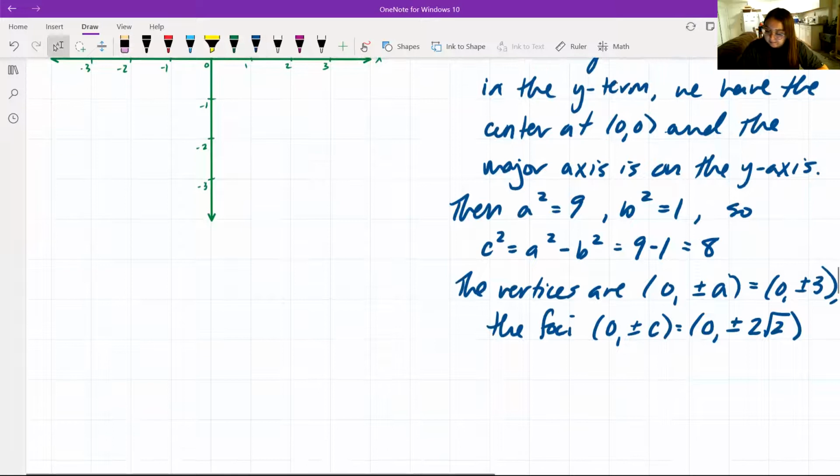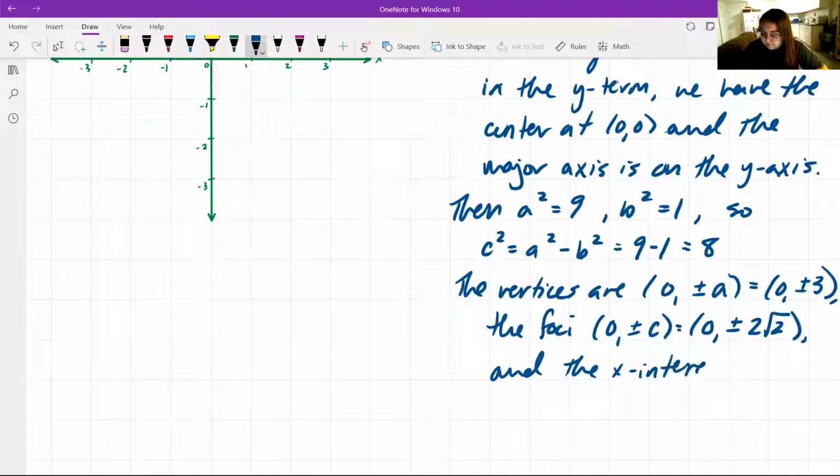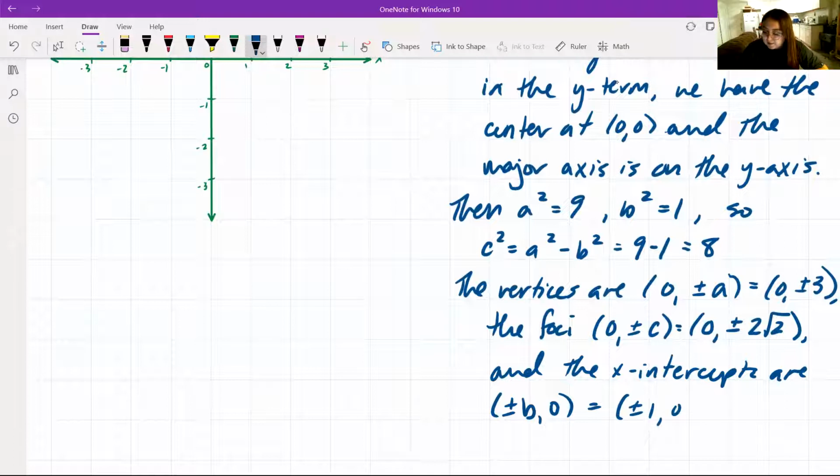Then lastly, the x-intercepts are plus or minus b, comma, 0, which gives us plus or minus 1, comma, 0.